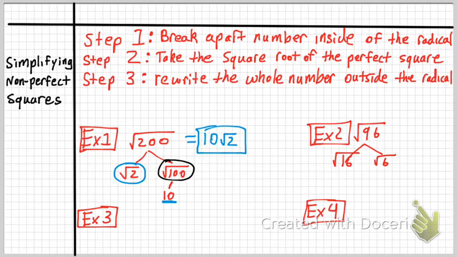And then 16 right here will be 4. And then square root of 6 is just the square root of 6. So we will rewrite our expression here as 4 square roots of 6. So the really hard part here, in my opinion, is going to be the factoring. So just make sure that you are thinking about different ways that you could factor these.